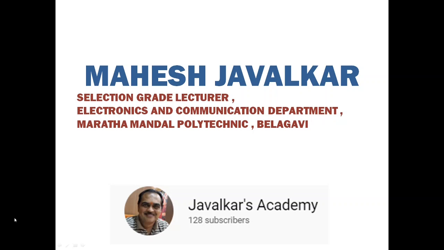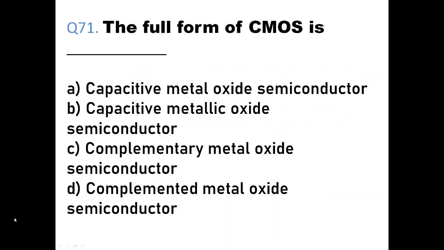Okay, so we'll go to the questions. The next question will be question number 71, and in that question he has asked the full form of CMOS. CMOS means complementary metal oxide semiconductor, and why is it called complementary?